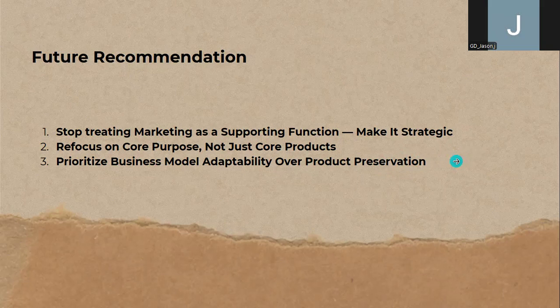Marketing is no longer just about promotion; it's about shaping how a company delivers and captures value. Kodak didn't adapt its business model. For example, they failed to move to digital services or subscriptions. So this ties the discussion to the Ansoff matrix, new product development, and service-dominant logic.